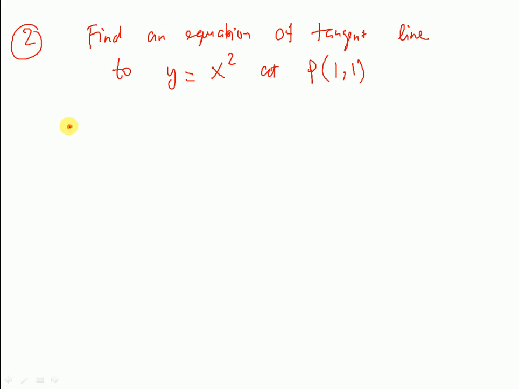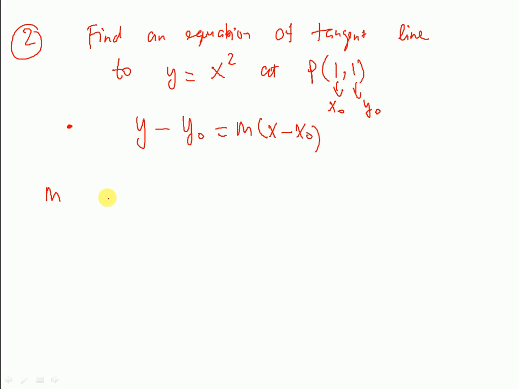From your previous class, if you want to find the equation of a line, you have the point-slope formula: y minus y0 equals m times (x minus x0). In this case, this is x0, this is y0, right? So all we have to do is find the slope m.